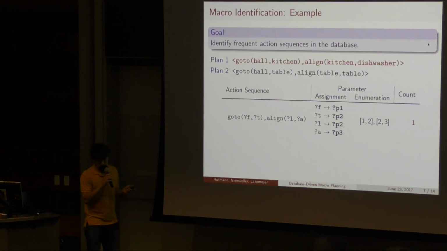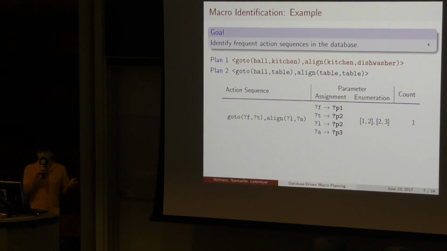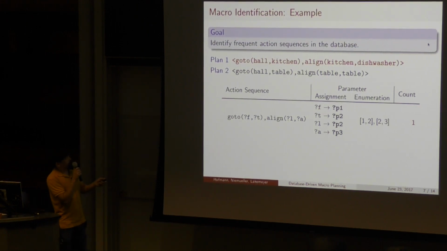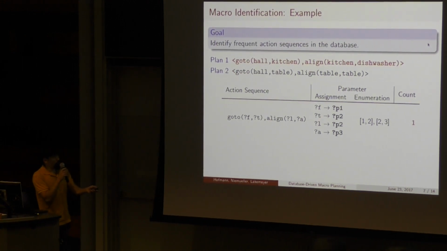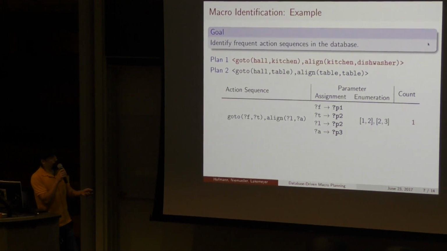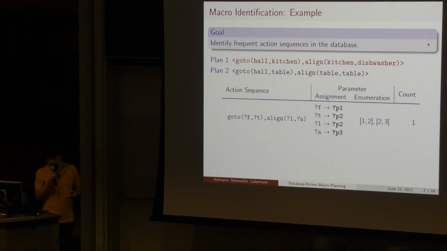And here's really one of the key points of DBMP: we don't just use one new parameter for each parameter in the original action sequence, but for example, here we can see that kitchen and kitchen is really the same parameter in this case. So in our macro action, we will encode it with the same parameter. So the final macro operator will only have 3 instead of 4 parameters, which the original action sequence had.